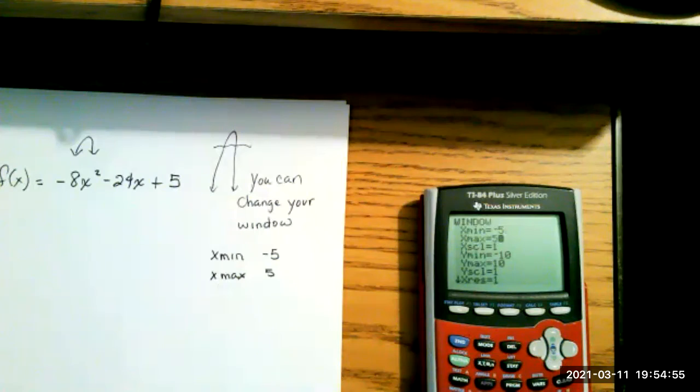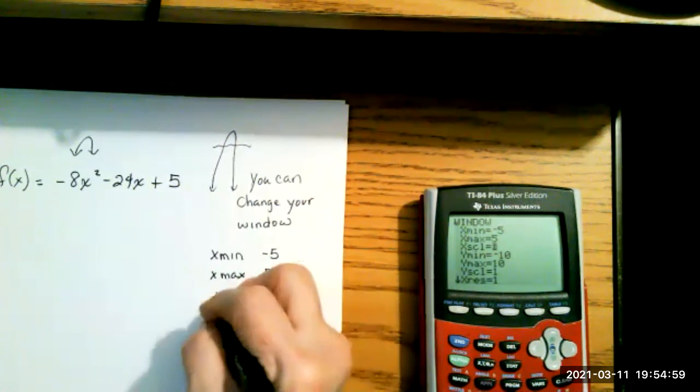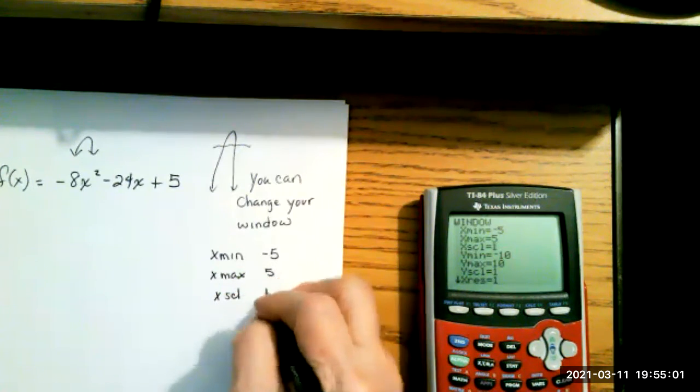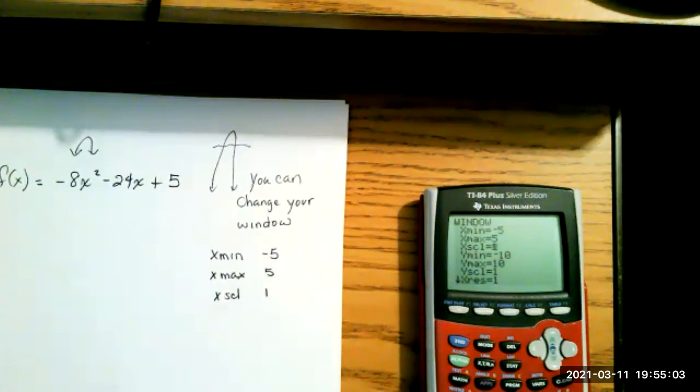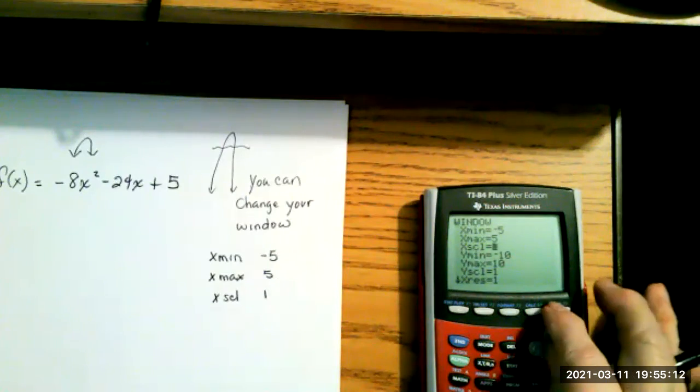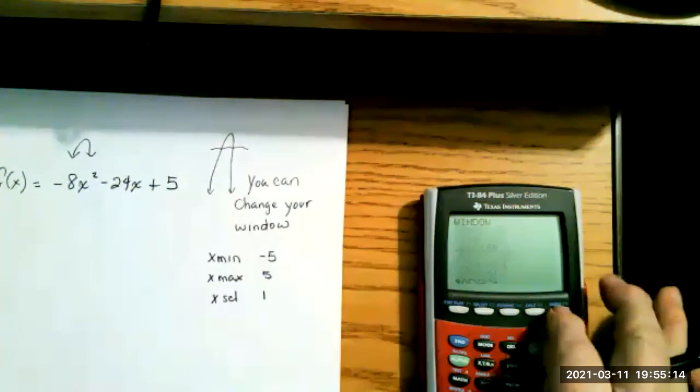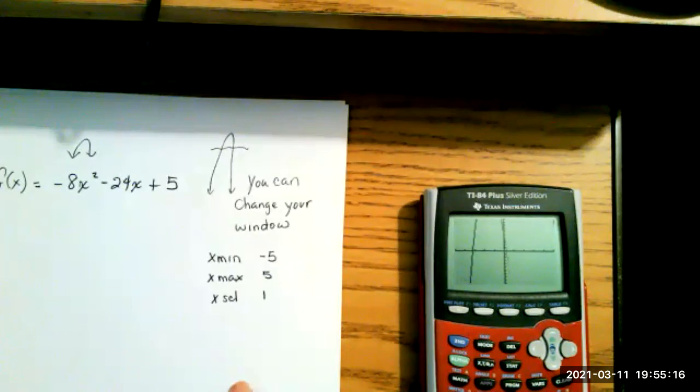And then the next one is X scale, what do you want to count by? Well, counting by ones is fine with me. Now let's talk about this Y minimum. This Y minimum is -10. That's all right with me for it to have a negative.